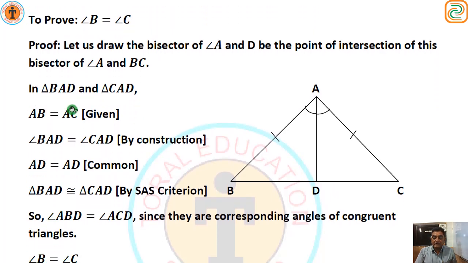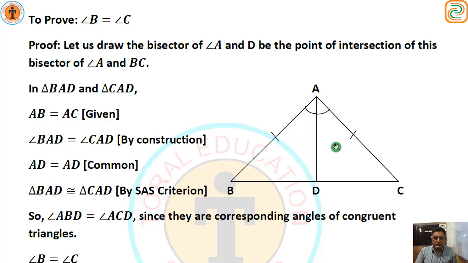In triangle BAD and triangle CAD, look at the figure. These are two triangles, and we will prove that they are congruent. AB equals AC, given.